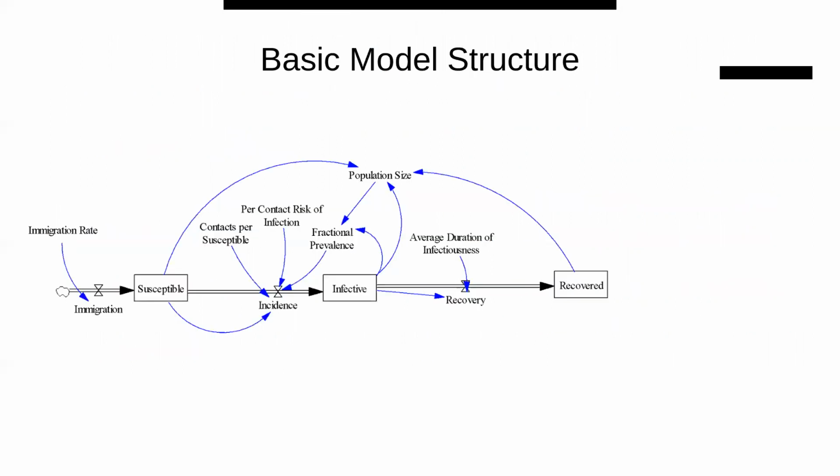And inevitably what will happen is the infectives won't be able to infect enough people for incidence to keep up. Recovery will equal incidence, and then the number of susceptibles is pulled yet further down. And so incidence will grow lower than recovery. Recovery will drain this stock. It will start pulling this down because the outflow will be greater than the inflow.